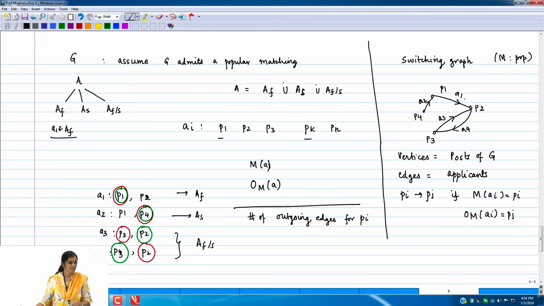So when will it have? Okay, another applicant has that as a first post. But when do you draw an outgoing edge from a vertex?